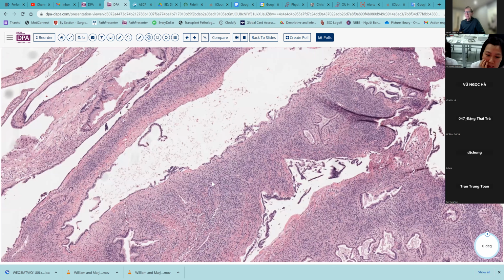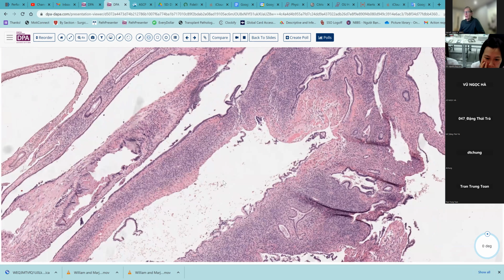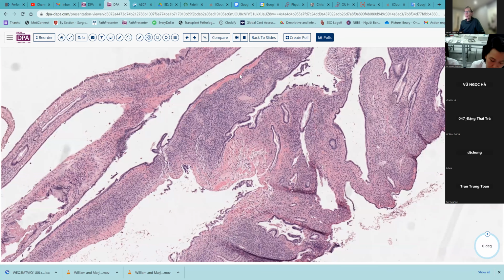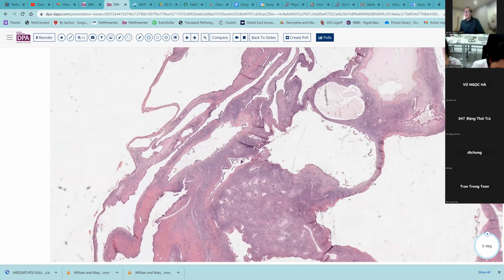So if you have estrogen receptor or progesterone receptor, and you're concerned about whether this is that kind of a lesion, you can do those hormone stains. Here we see a little bit of that scarring that I just described in the other one, a little bit more over here. Again, those are features of this lesion.